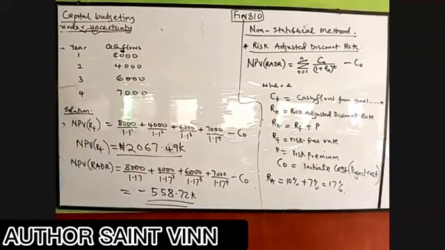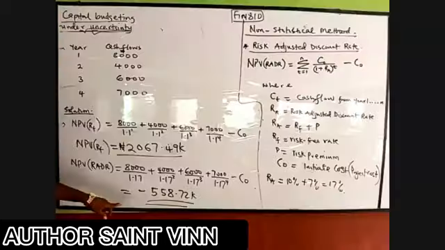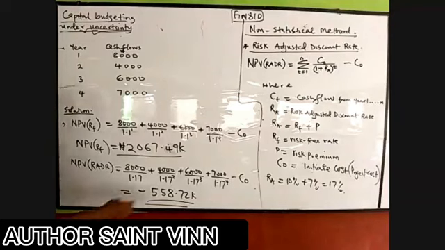Is it clear? And those of us online, did you use the last one at 7,000? Yes, sir. 7,000 over 1.17 raised to power 4. Is that what you're asking? No, the last value.